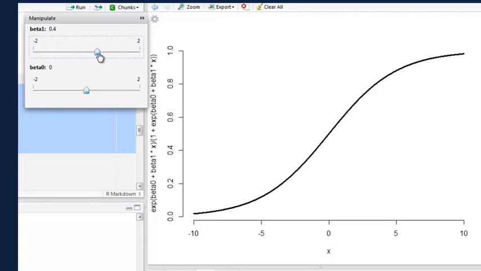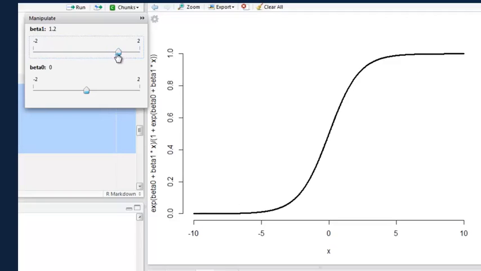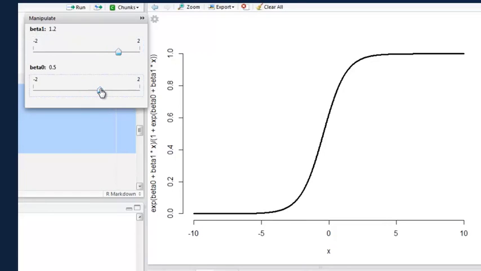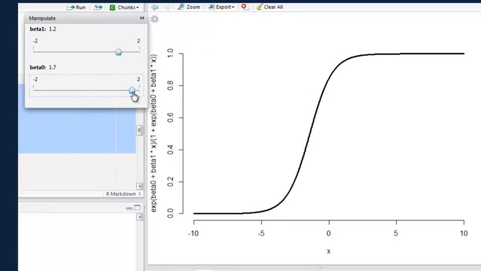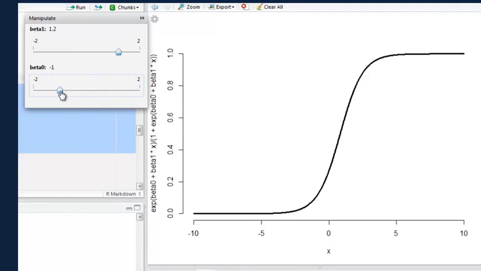And then what does the beta naught do? Well, it kind of shifts the S along. There it is as I move it that direction, and there it is as I move it that direction.